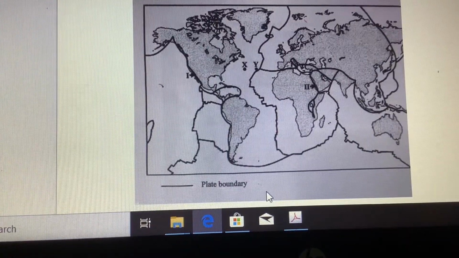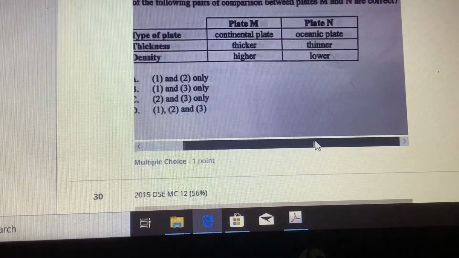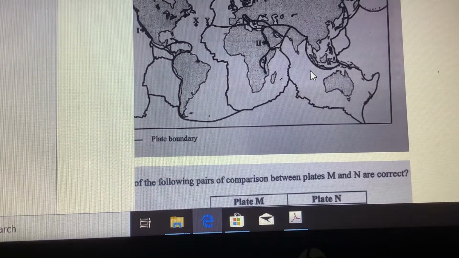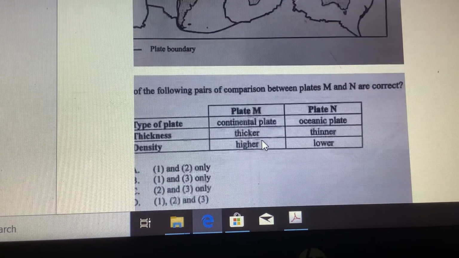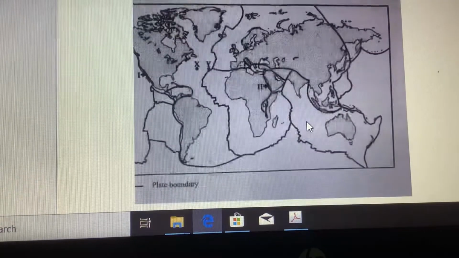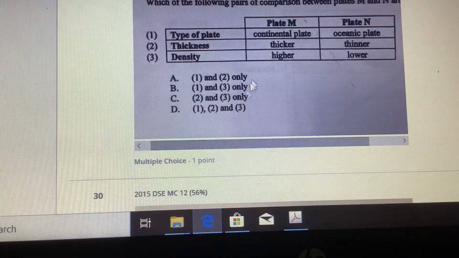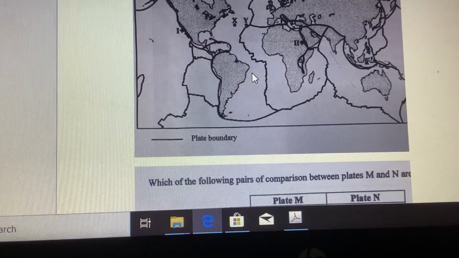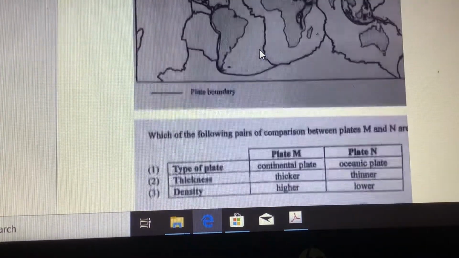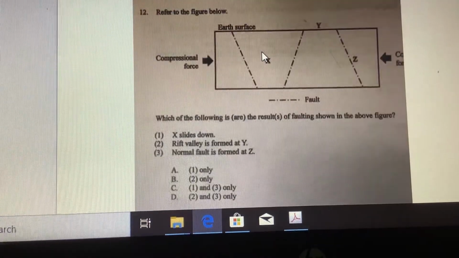I think I gave you a wrong photograph. Sorry about this. Let's check it out later.